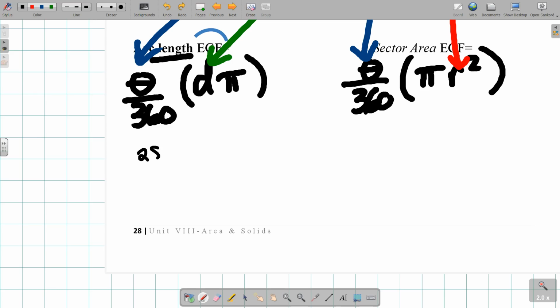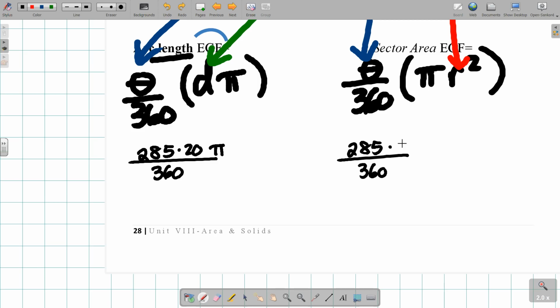We're going to bring this in close for both of them. We have 285 over 360. Our diameter is 20, then pi. Over here, 285 over 360. Our radius is going to be 9 times 9. Excuse me, that's not 20 there.